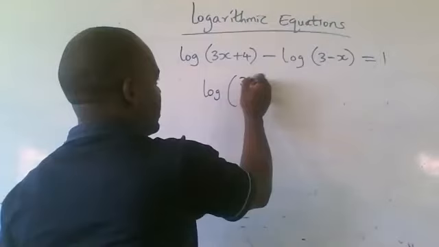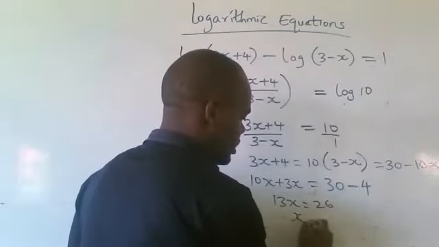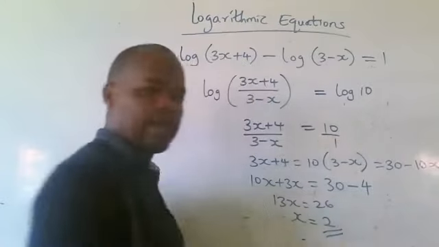When you cross the equal sign, the minus changes to plus, and plus changes to minus. So this one will be 10x plus 3x is equal to 30 minus 4. So this is 13x is equal to 26. So x is 2.